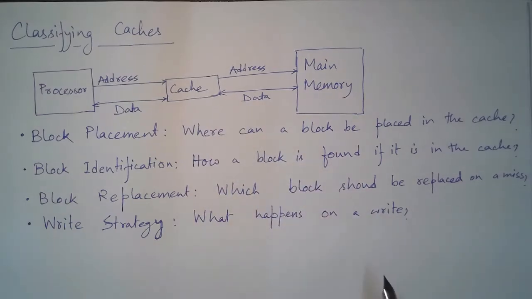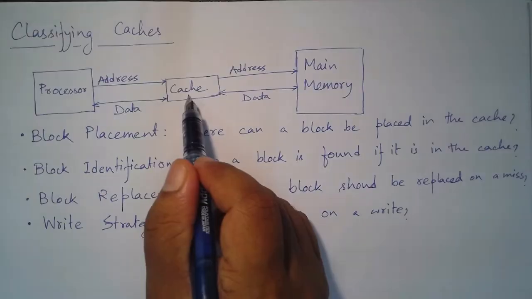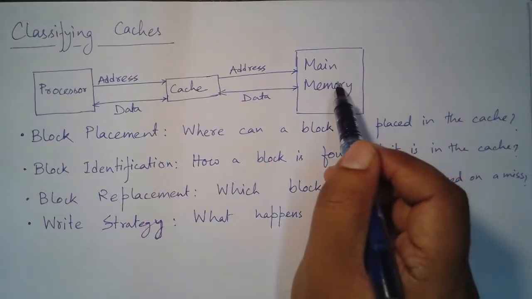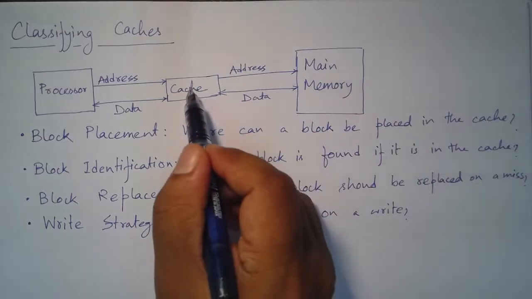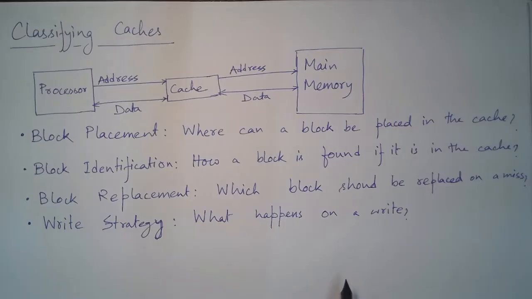Or basically, if you are just writing it in the cache, then you do not update it in the main memory till that block is evicted. So that can also be one strategy. So these are the different write strategies, and based on how you handle writes, you can have different types of caches. So I hope this overview at a very top level makes sense.